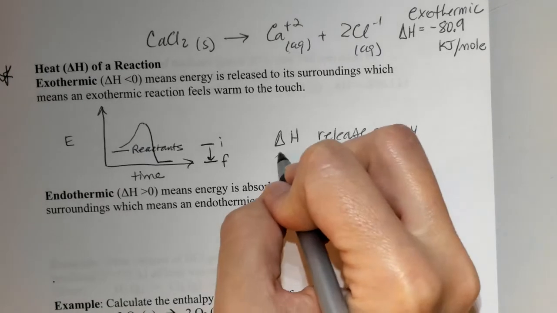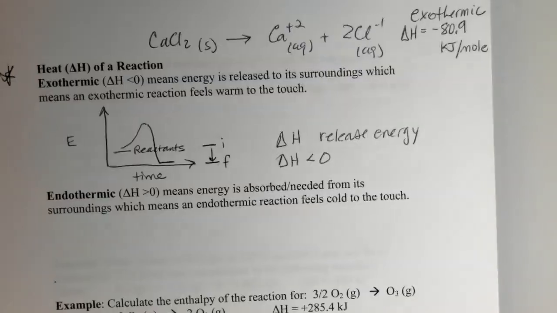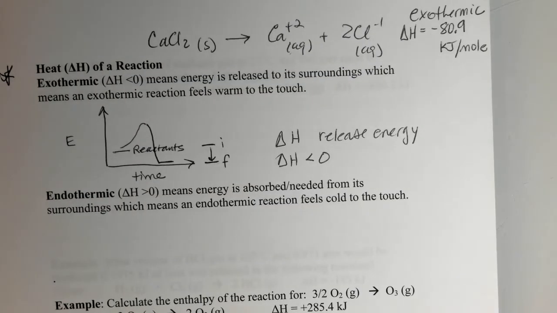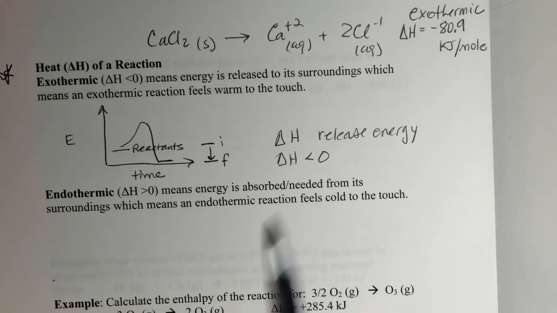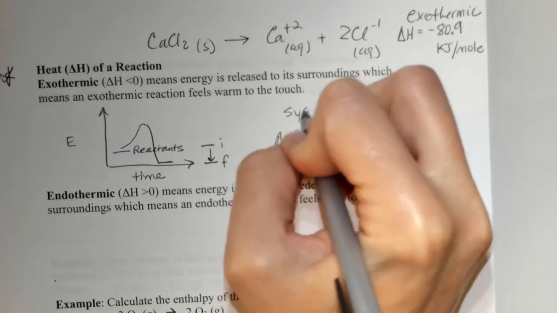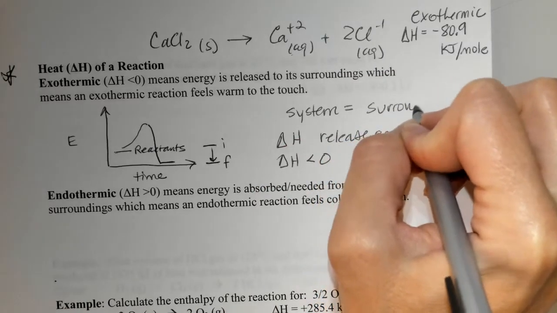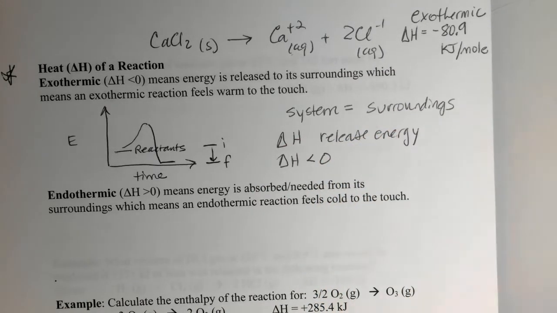And that means that your delta H is going to be negative. That shows you that you have an exothermic reaction whenever the sign of delta H is negative. And again, that's for the system. When the system is negative, that means the surroundings will be positive, because remember, it's a transfer.